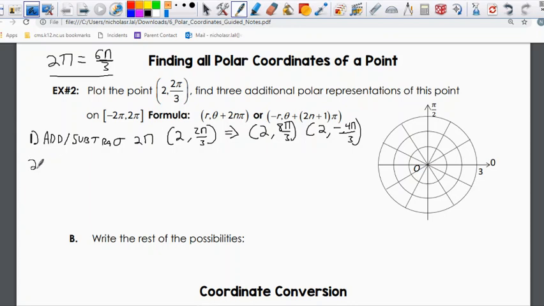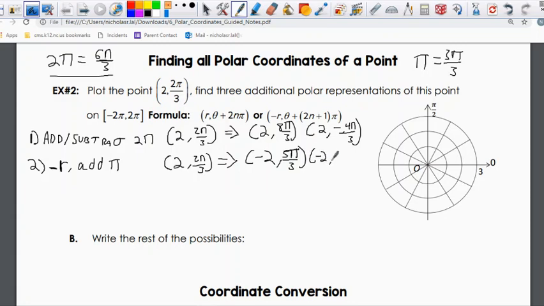Another way is to have a negative r value and then add pi. So 2, pi over 3 can become negative 2, and remember, pi would be equivalent to 3 pi over 3. 2 pi over 3 plus 3 pi over 3 is 5 pi over 3.